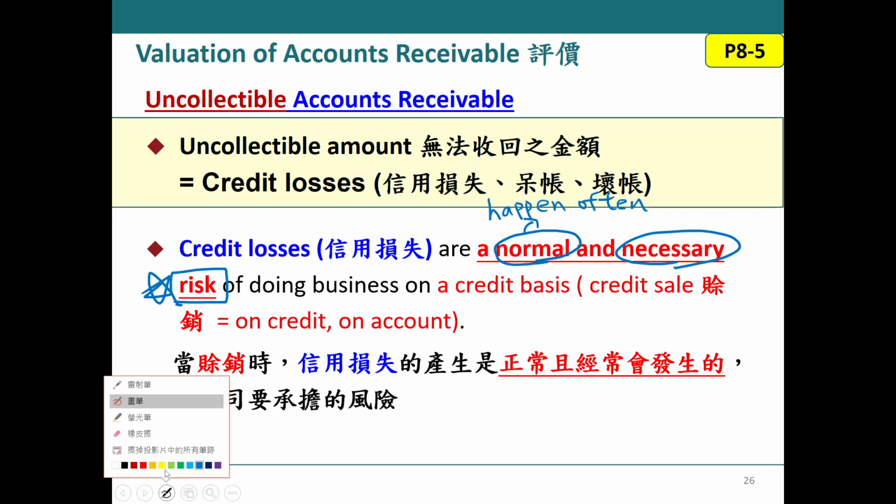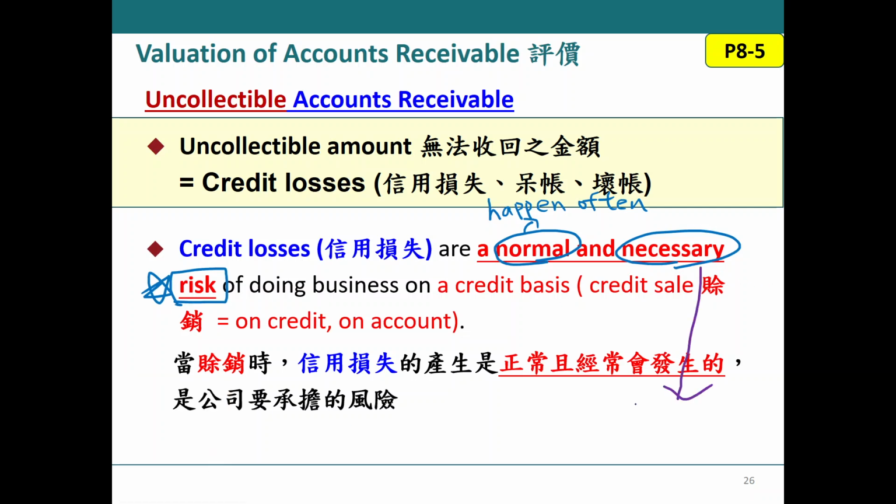Necessary means the company has to take the risk. I don't want to take the risk, but I have to.